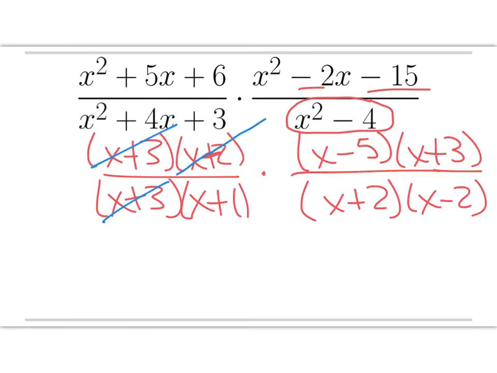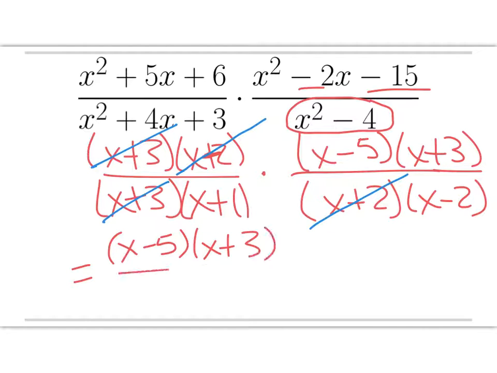So say goodbye to the x plus 2 here and here. And what we've simplified this down to is what remains. We would say that this is equal to x minus 5 times x plus 3 all over x plus 1 times x minus 2.